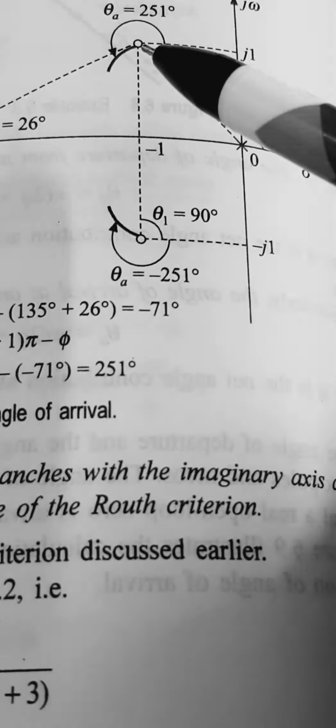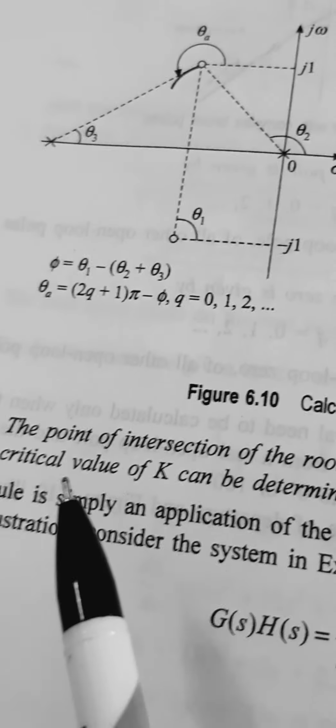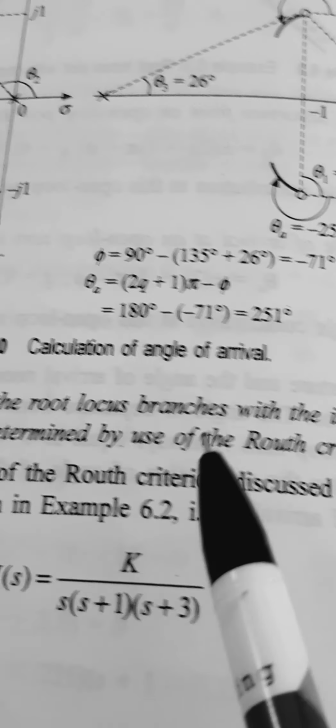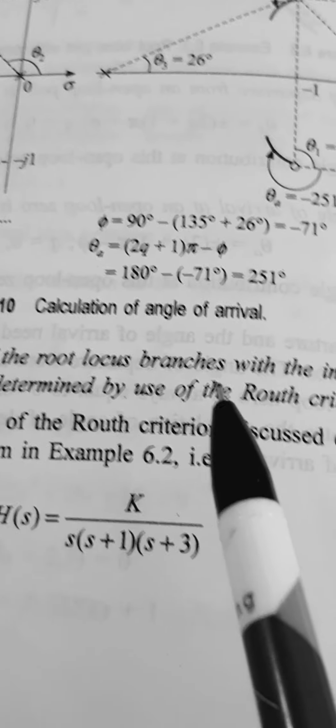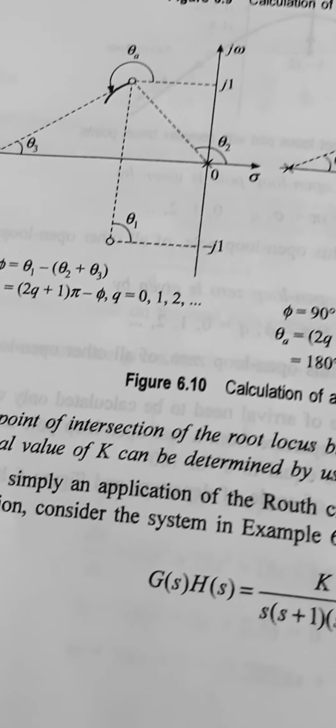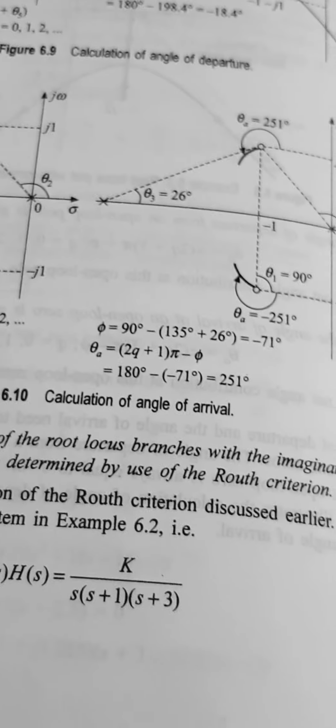Now the eighth rule: the point of intersection of the root locus branches with the imaginary axis and the critical value of k can be determined by use of Routh criterion.